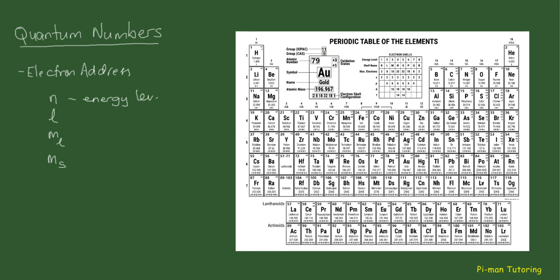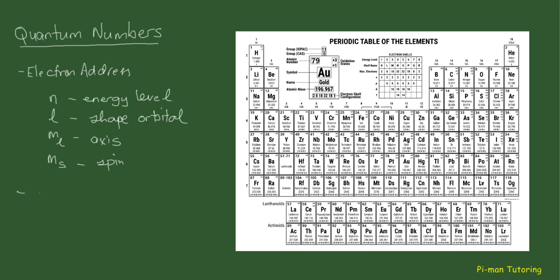This is also called the principal quantum number. l tells us something about the shape of the orbital that the electron is occupying. ml gives us information about the axis of the orbital, and ms tells us the spin of the electron. So those are the four quantum numbers.